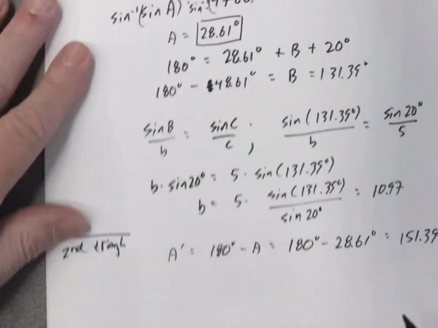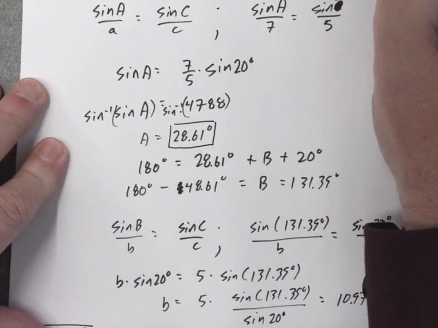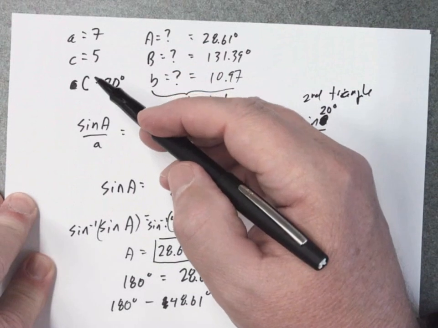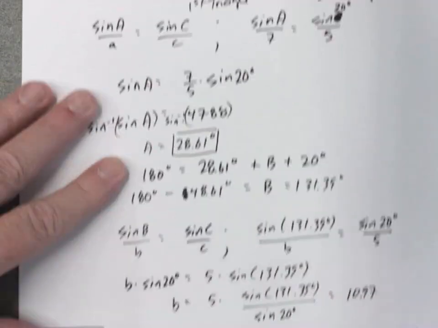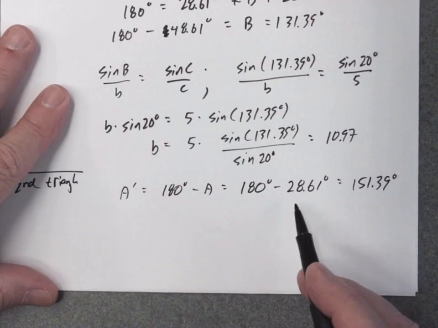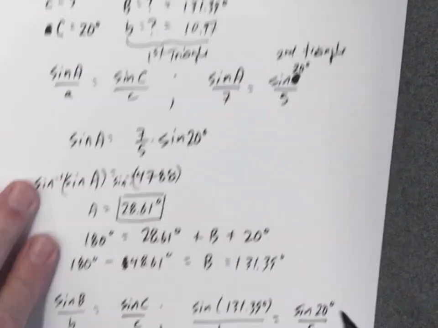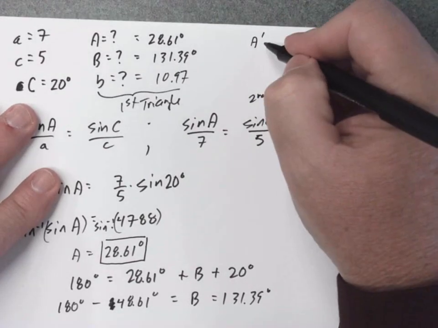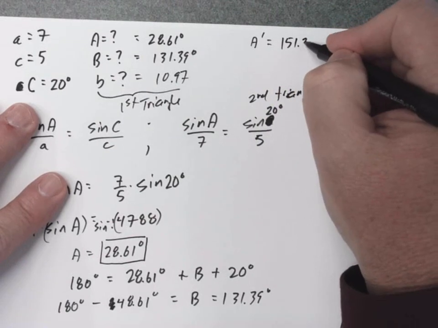So that's the new angle A. If there is a second triangle, the original A, C, and C are going to be the same. These three will change. So second triangle, I'm saying if there's a second triangle, the new A is going to be 151.39. I put this little tick mark at the top to indicate it's the second triangle.